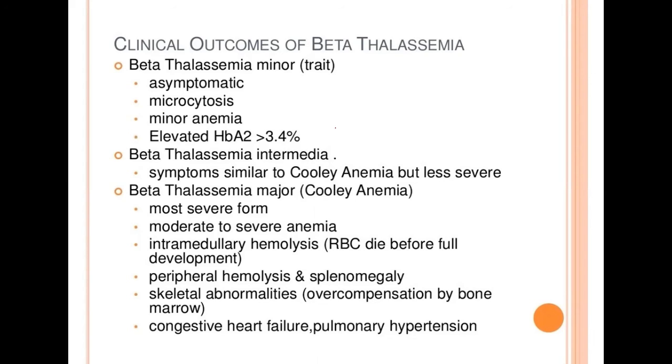That will lead to a decrease in the number of RBCs, and that will lead to microcytic hypochromic anemia. Just remember this: microcytic hypochromic anemia is due to decrease or absence of beta chain synthesis.